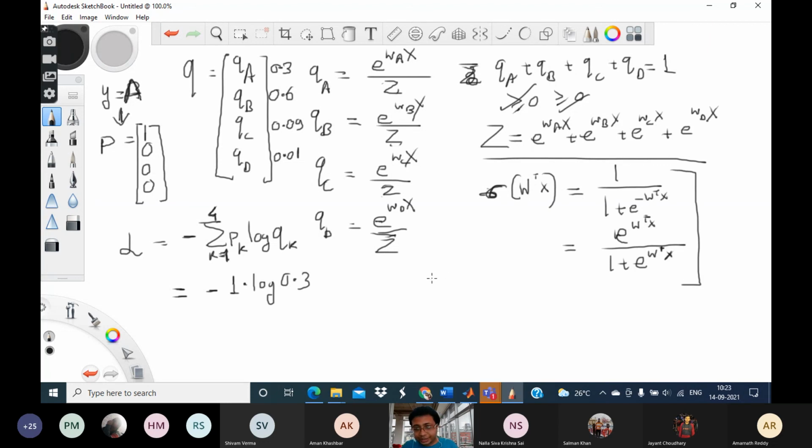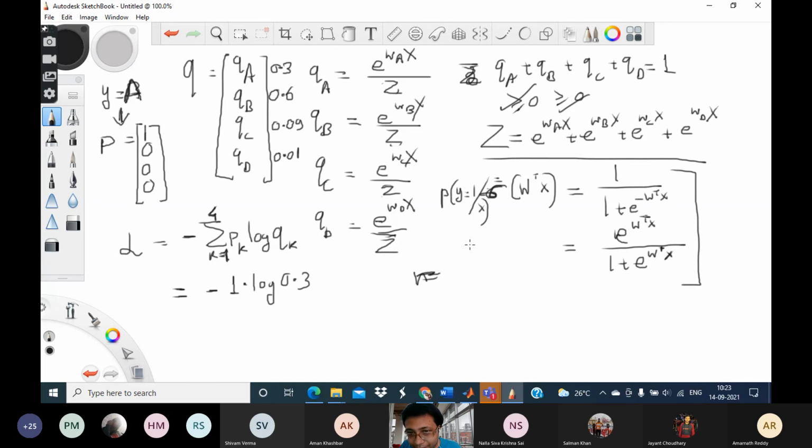Now you have k classes. In the 2-dimensional analysis, I claimed that the probability of one class level is equal to the sigmoid function. Now let me rewrite this same sigmoid function in a slightly different way.